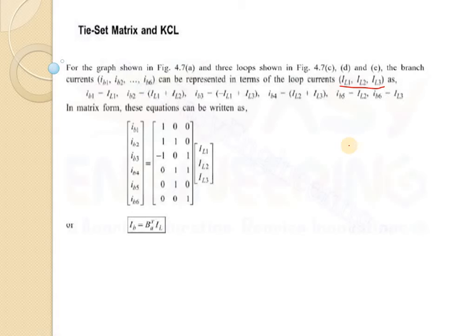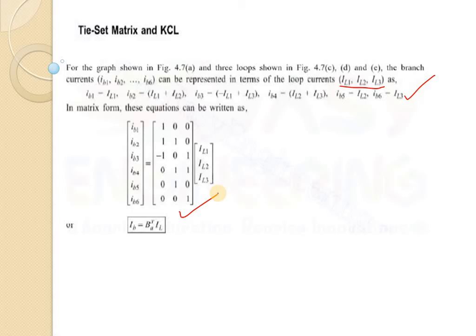So here IB1 equals IL1, IB2 equals minus IL1 plus IL2, IB3 equals minus IL1 plus IL3. In that way we can write the loop currents also, and from there we can form this matrix of each branch current.